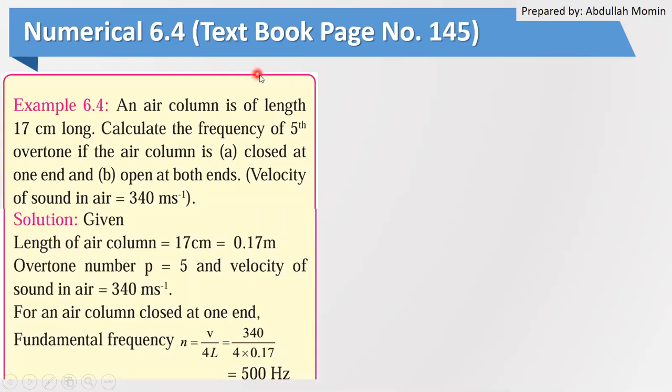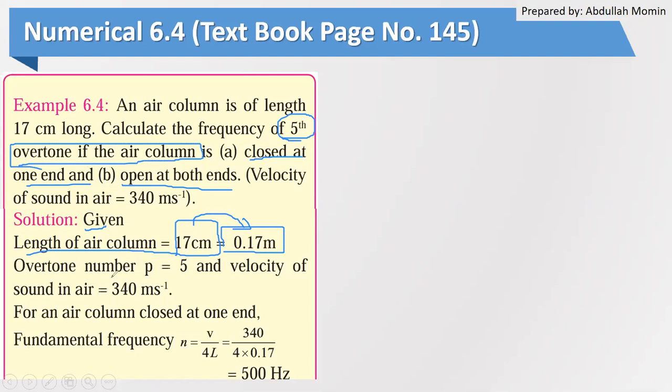In order to find out the frequency of fifth overtone for a pipe which is closed at one end and for a pipe which is open at both ends, the length of the air column is given, that is 17 centimeter. We will convert this length into meter and it can be written as 0.17 meter. We will write the overtone number is 5 and the velocity of sound in air is 340 meter per second.